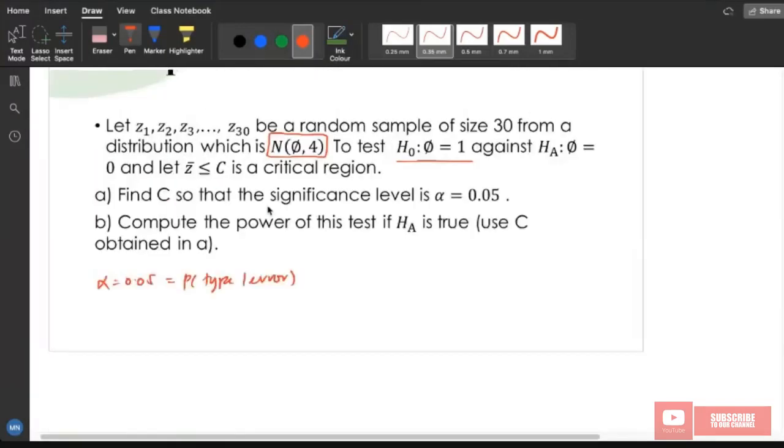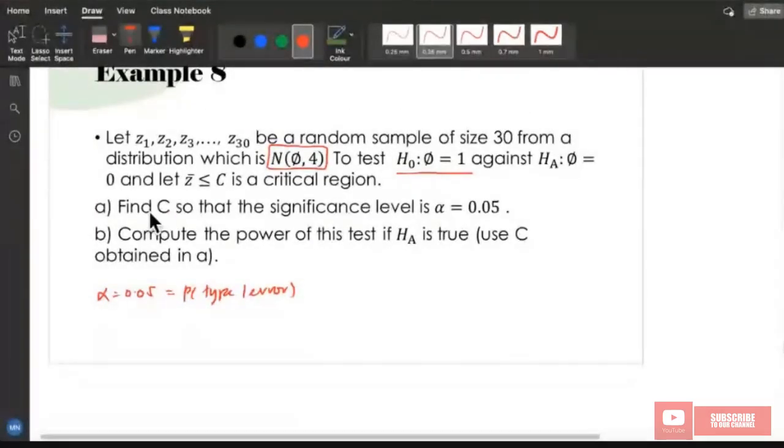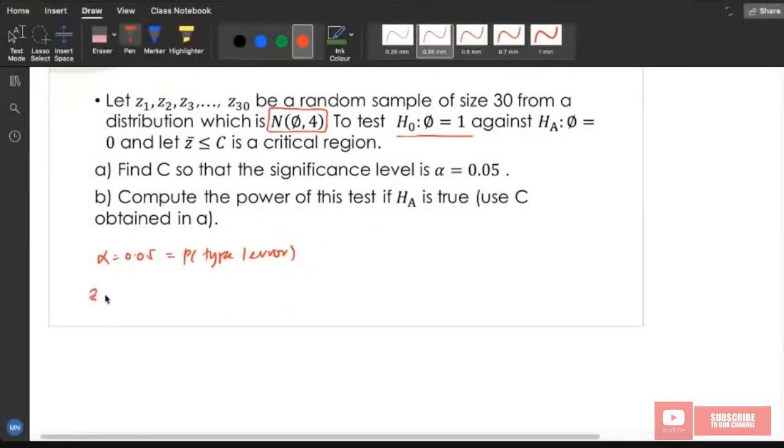Can you see? So they also give the Z bar distribution, which is a normal distribution with mean equal to phi and standard error equal to 4 over square root of 30. So this is the standard error.